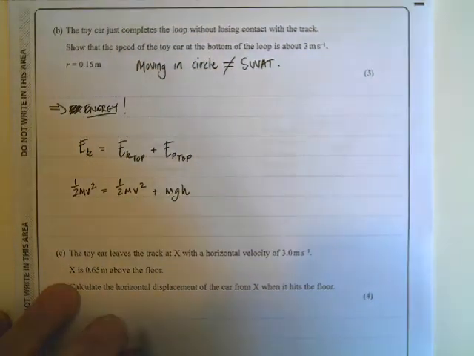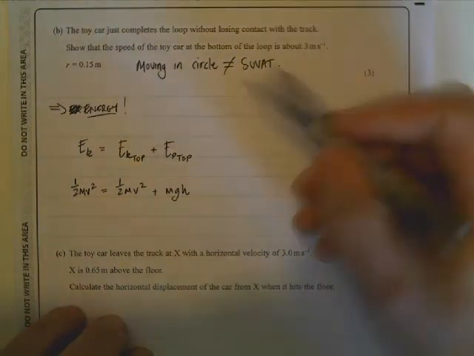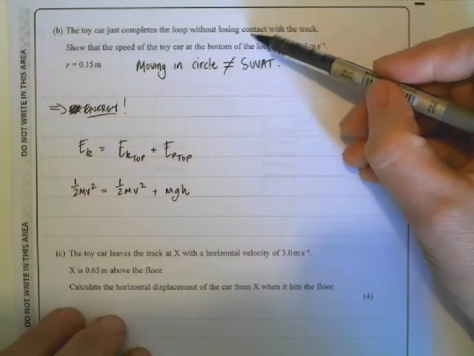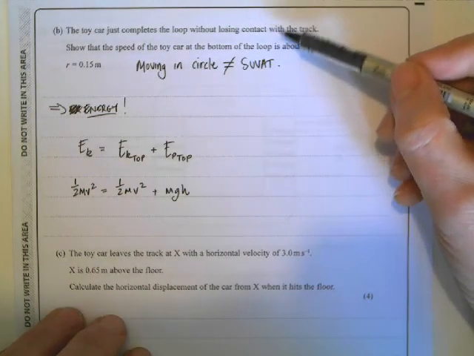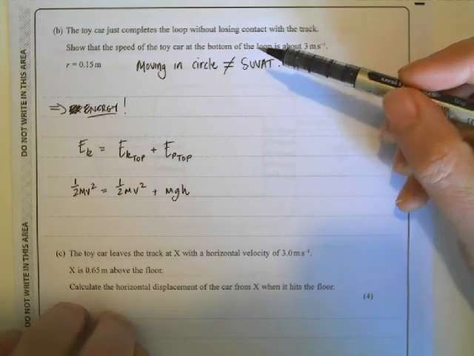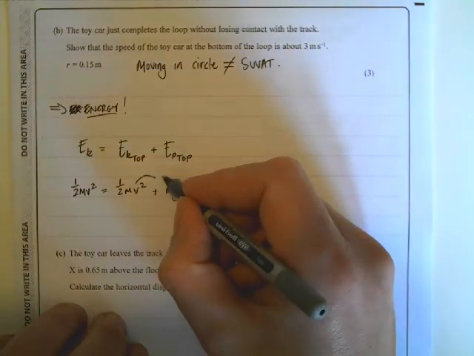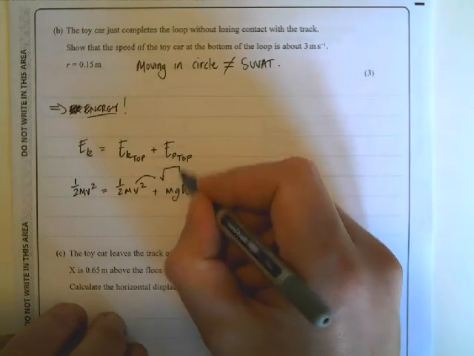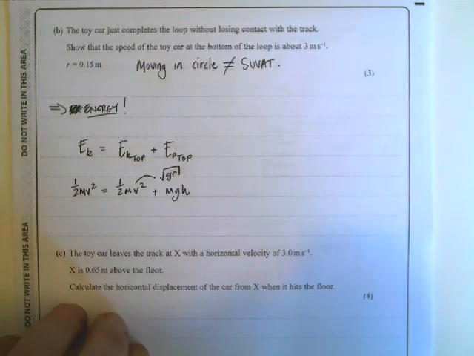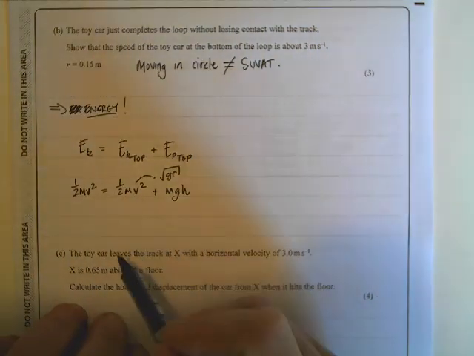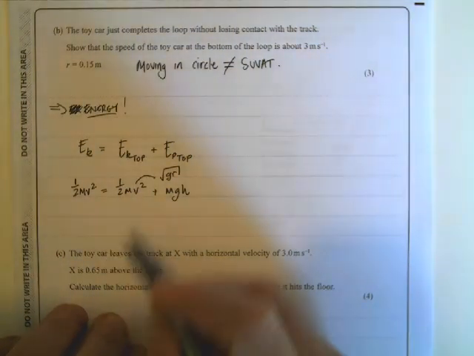But we know at this critical speed, if it says without losing contact at the top, so it's talking about the thing from earlier on in the question, we know that this v here is going to equal root gr, which means that v squared is just going to be gr.